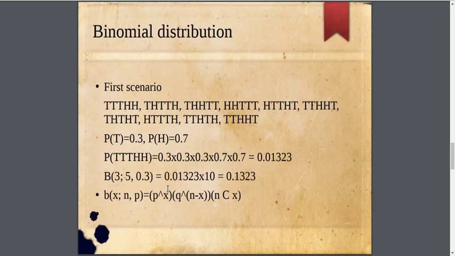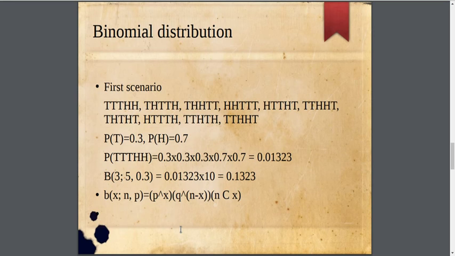So basically we can elevate P, the probability of success, to X, which is our number of successes. Now we have 0.7 twice. 0.7 is our probability of failure, 1 minus P.